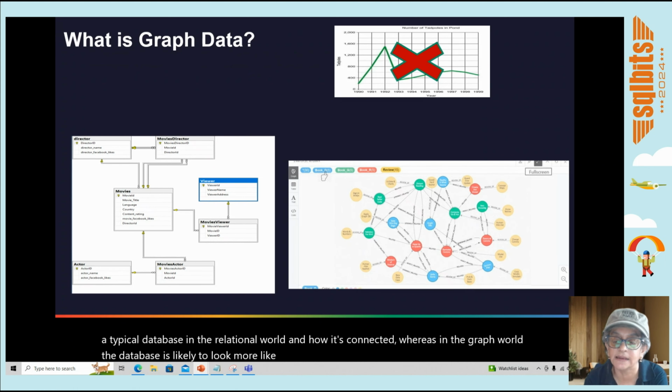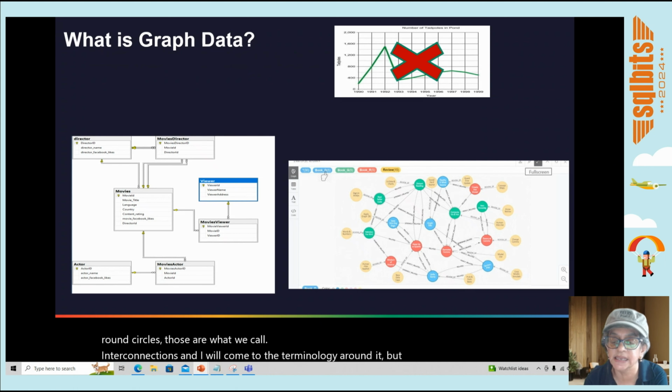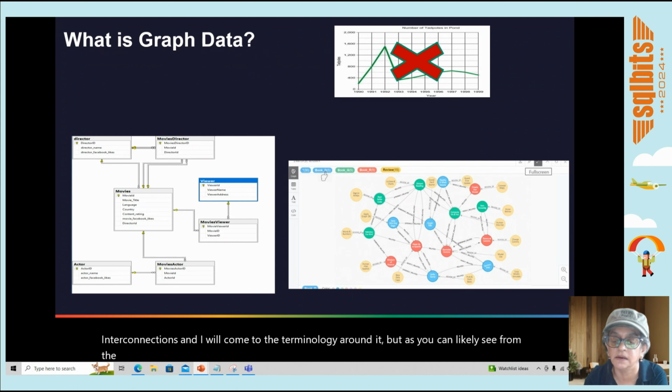Those spider-like connections between the round circles are what we call interconnections, and I'll come to the terminology around it. But as you can likely see from the image itself, there are a lot more connections in a graph database than there are in the relational world. And that's typically what characterizes the difference.